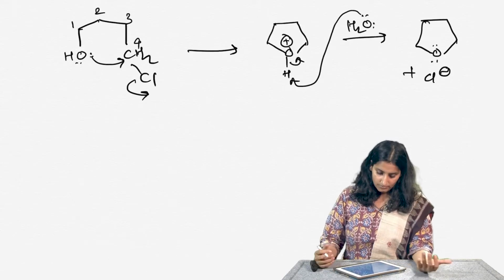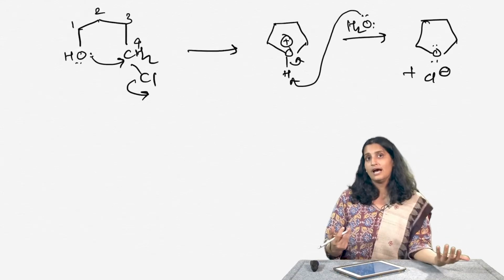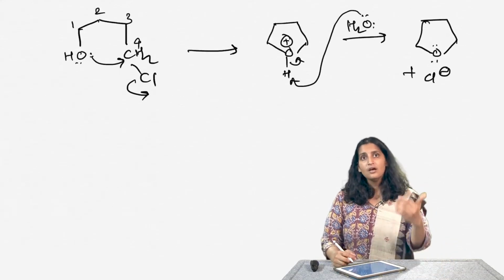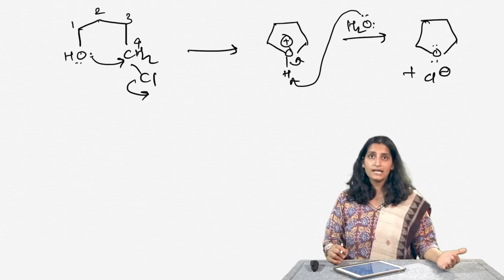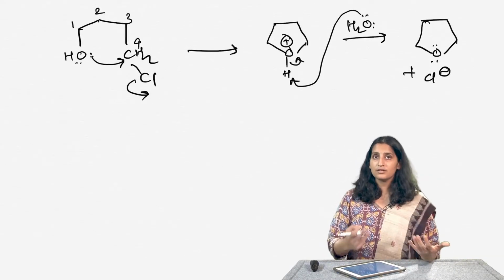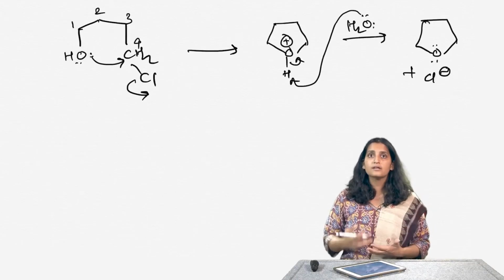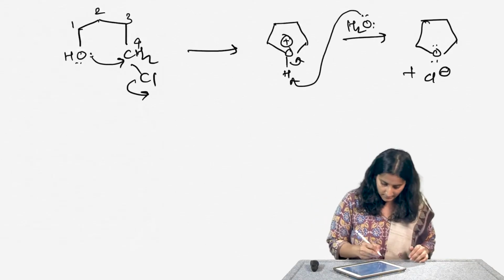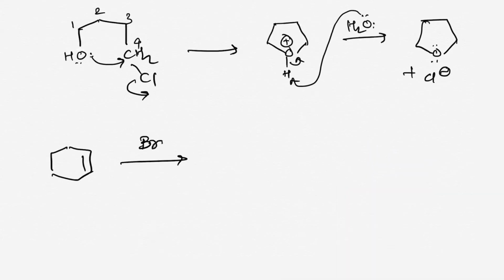So, for example, let us look at the halohydrin formation reaction. We have seen this reaction in the chapter of alkenes, wherein we took an alkene and reacted it in the presence of bromine and water to form a halohydrin. Right?